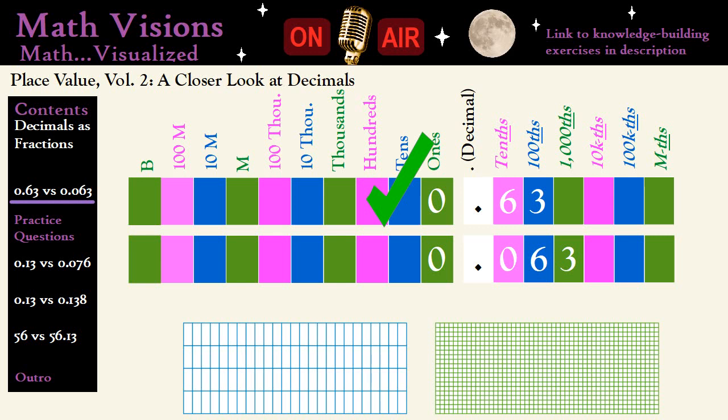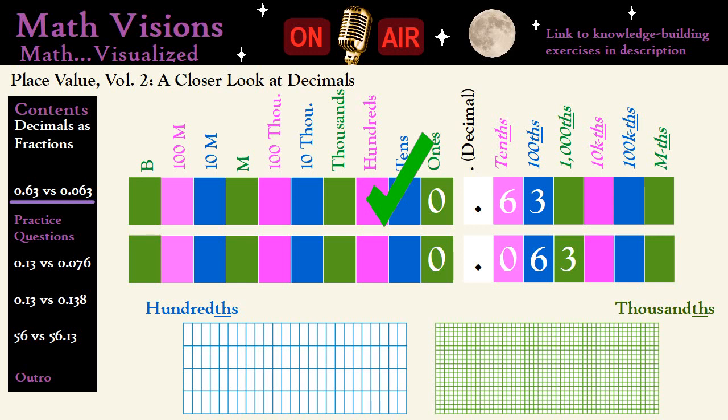Our first number reads as 63 hundredths, and the second one reads as 63 thousandths. If you noticed, thousandths are smaller than hundredths, the opposite of thousand and hundred without THS. I'll visualize the difference. I drew two grids of equal size. However, the one on the left is divided into 100 large pieces, and the one on the right is divided into 1,000 small pieces.